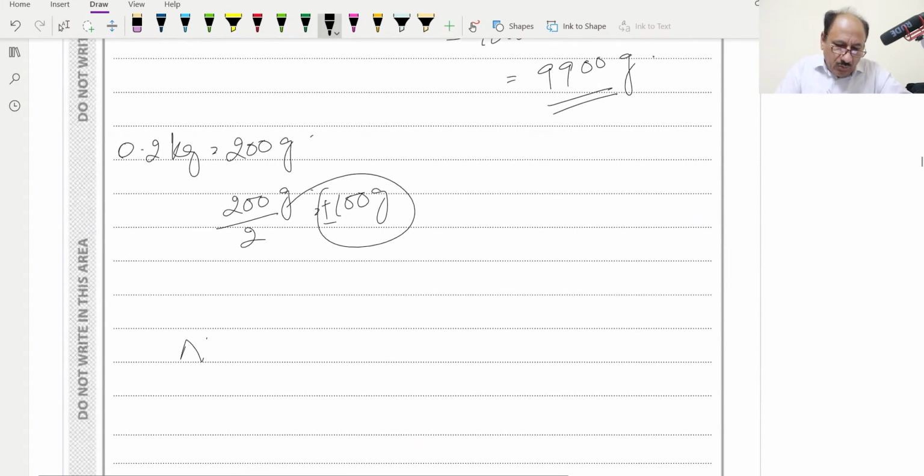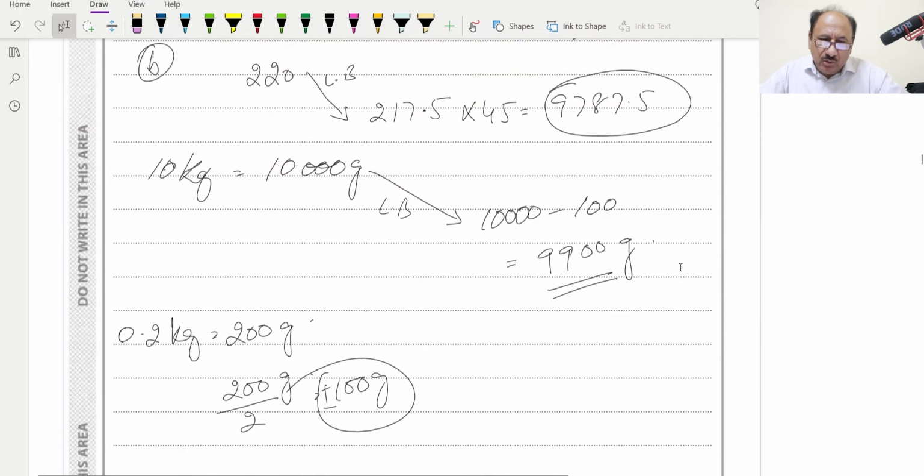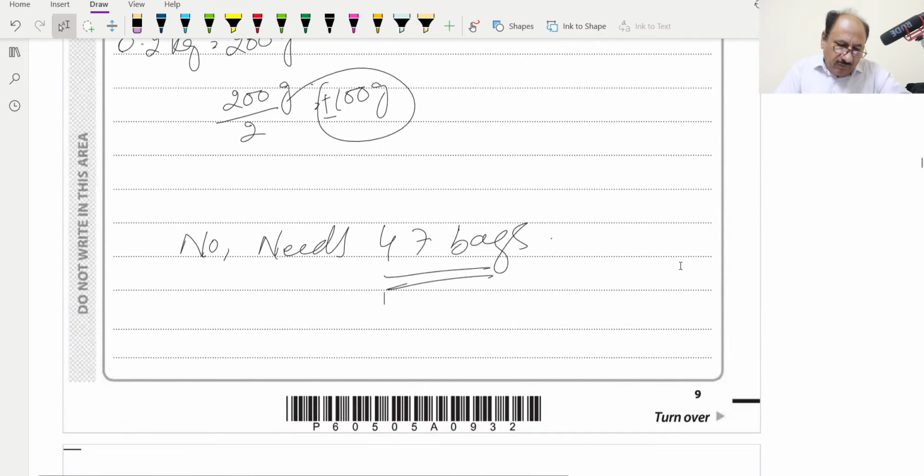So we will say no, it will not fill. It needs around 47 bags to fill. We can check for 47, and we will multiply 47 by 217.5.